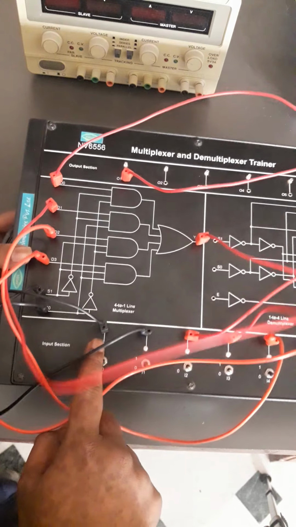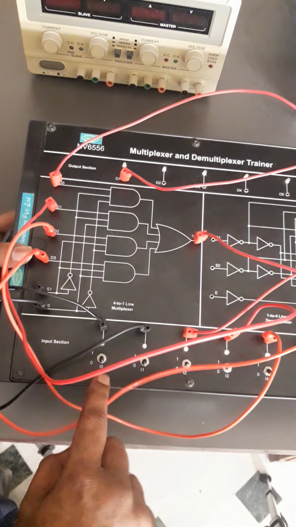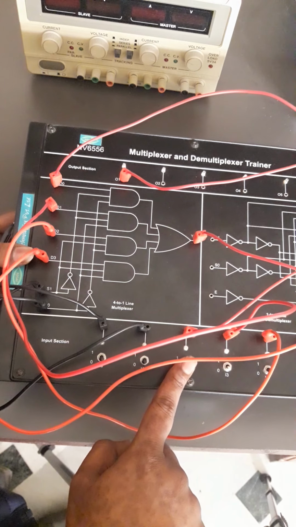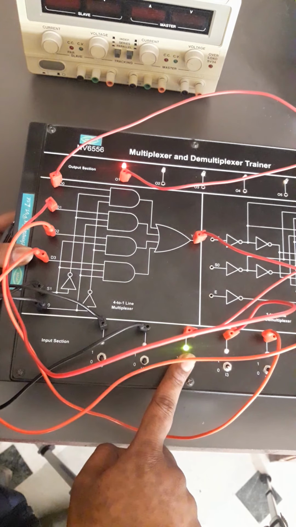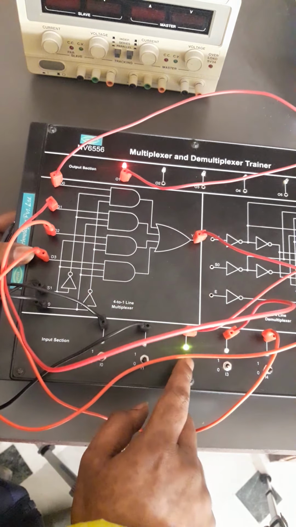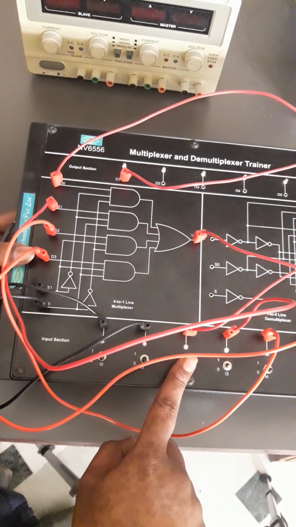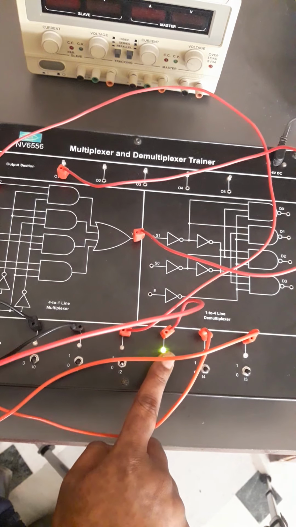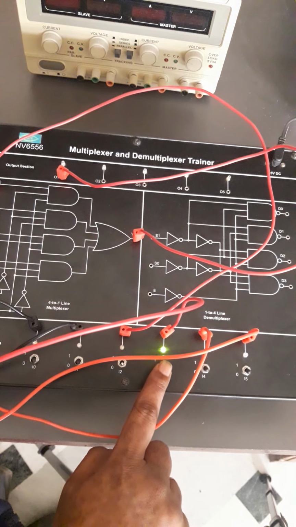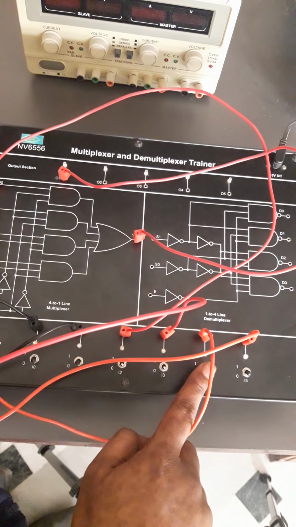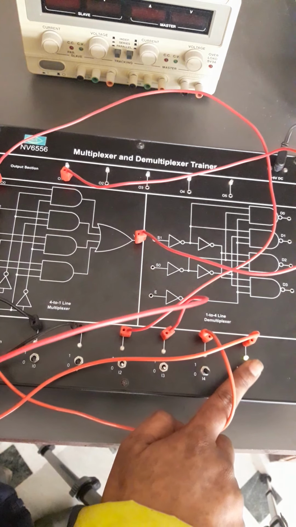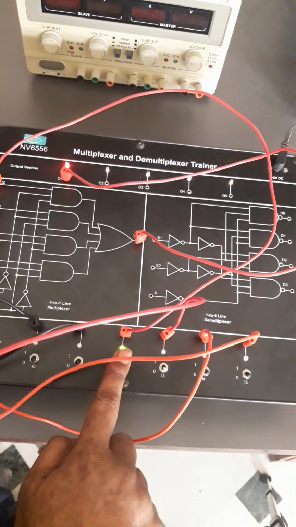You can see now this is 0 0, this is 0, this is also 0. Now only if I put 1 over here, that LED will glow. If I put 0 over here, that will not glow. And other inputs will not work at this time, because only that input is selected.